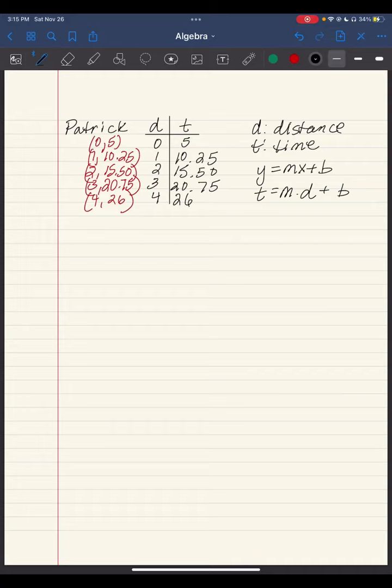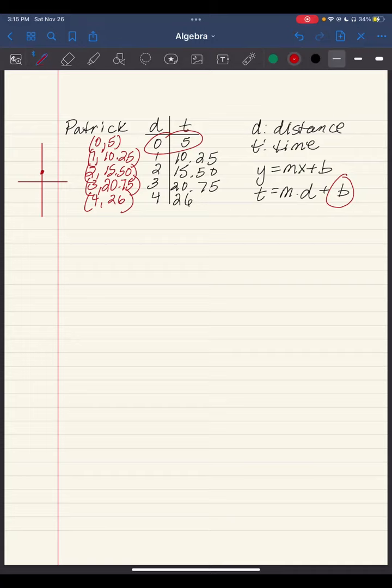The first thing we said when we want to calculate b is we just need to look at where the independent variable is 0, and that would determine where we cross the y-axis. So if we drew ourselves again a little graph, hopefully you can see that when we're at 0 distance, our stopwatch says 5.